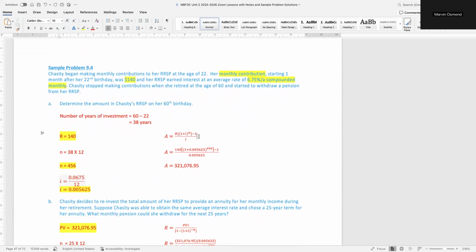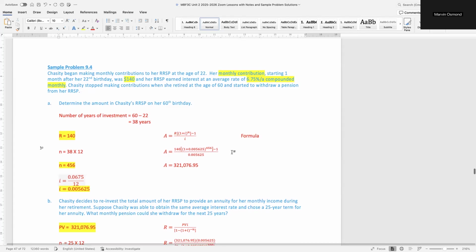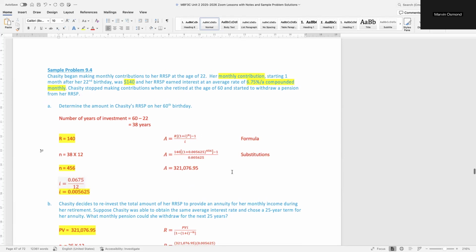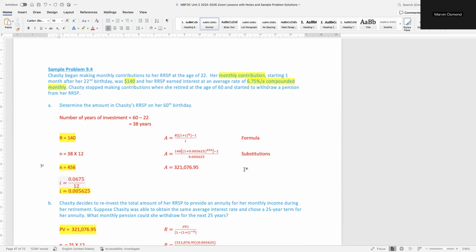Again, the first step, same procedure every time, is formula. Second step, as always going to be the same steps, substitutions. And then calculations and rounding.